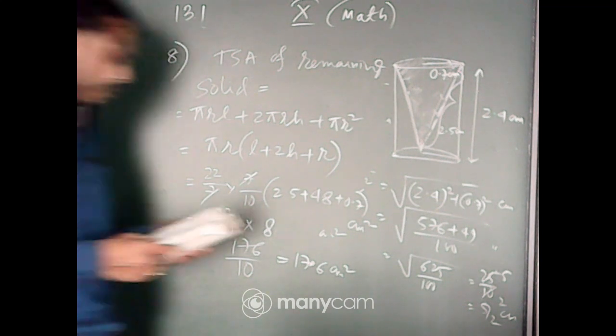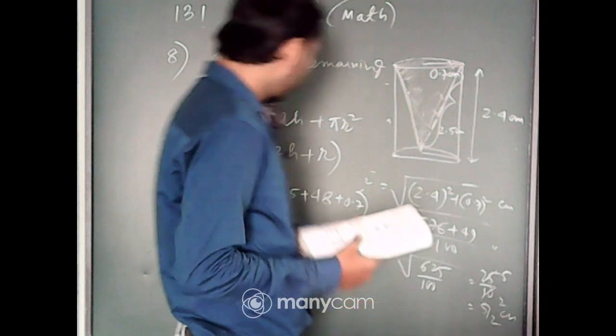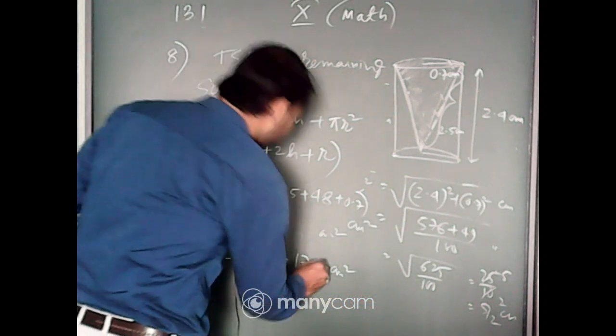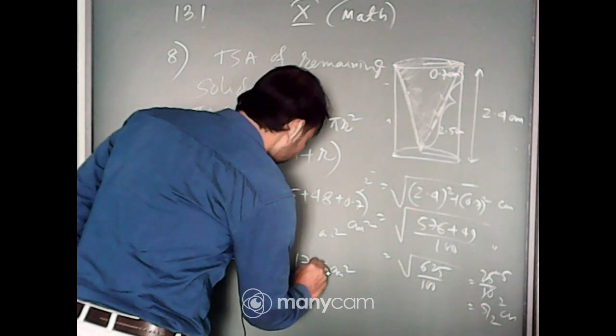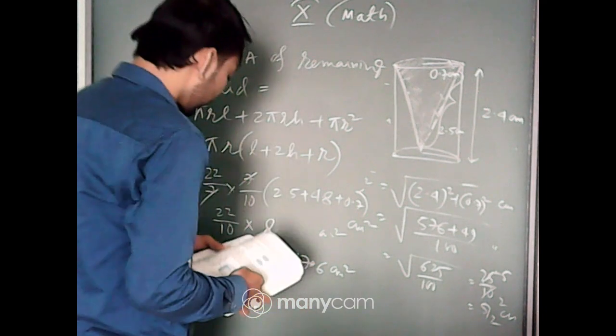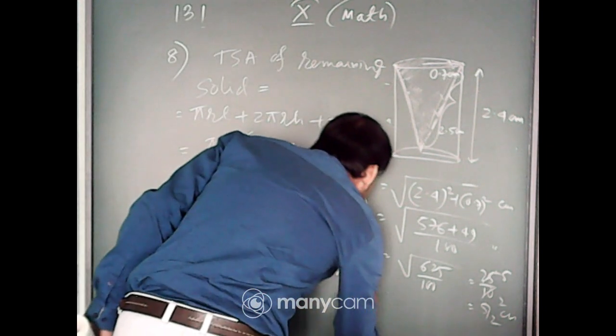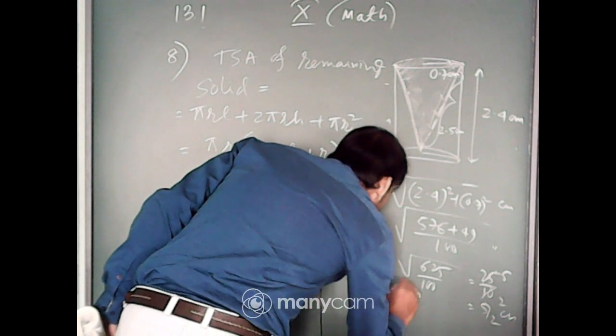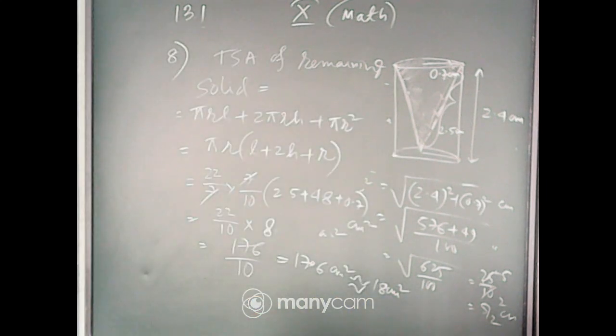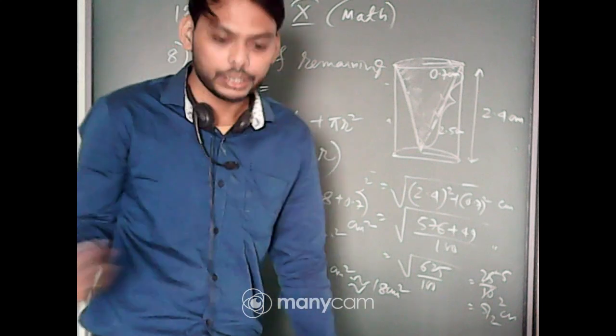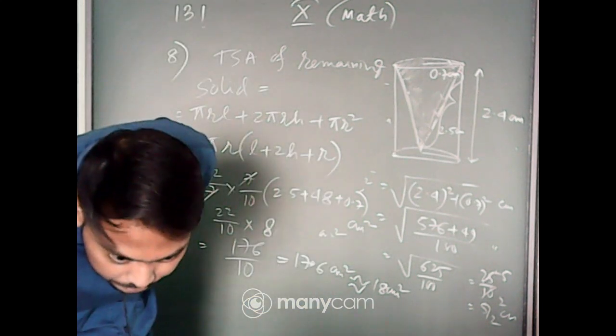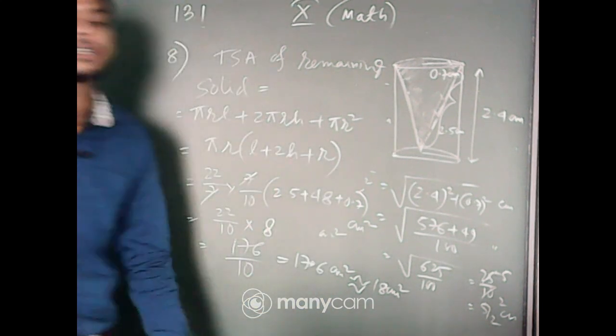So, nearest centimeter square, it will be approximately 18 centimeter square. Whenever doing the rounding, yes, Chetna, 18 centimeter square.